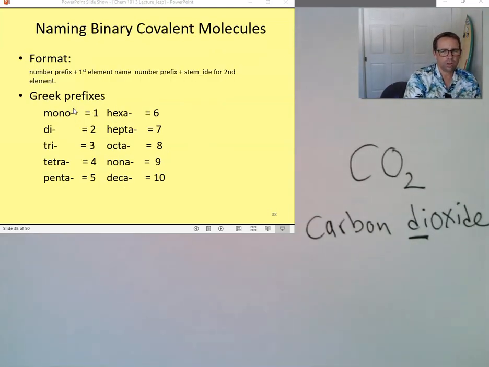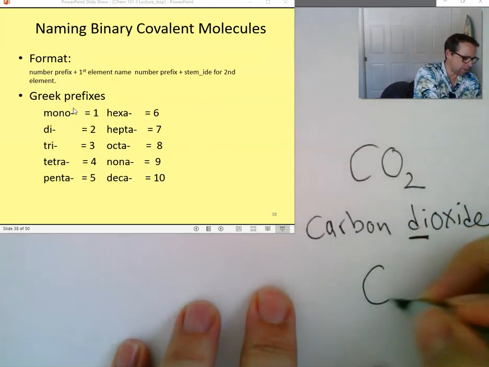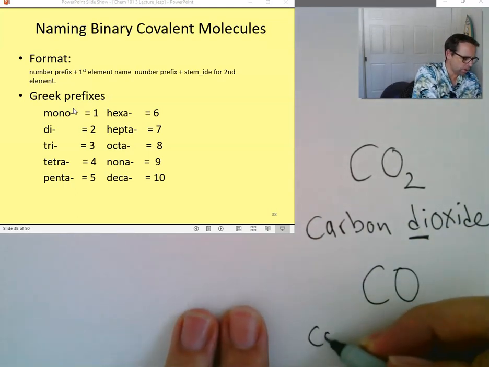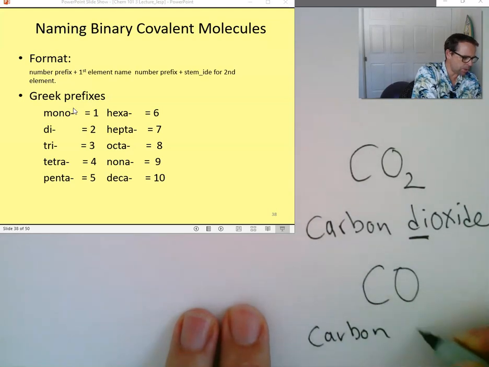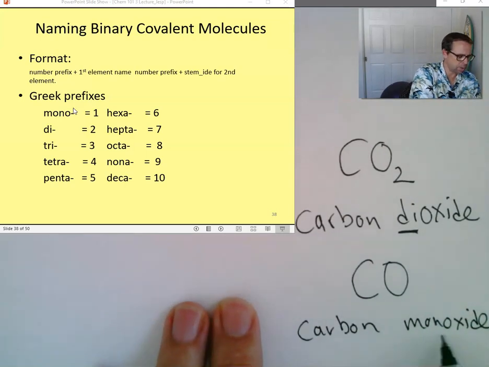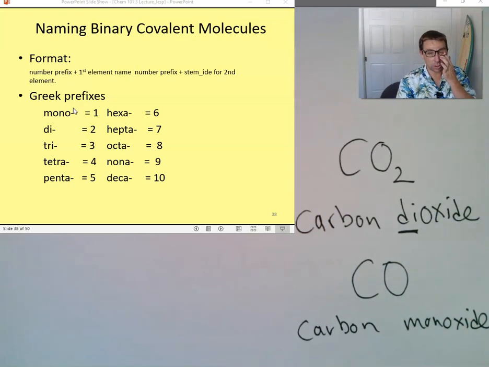So, if I had this compound where it's just 1 oxygen, then I would call it carbon monoxide, because mono refers to 1, and there's only 1 oxygen.